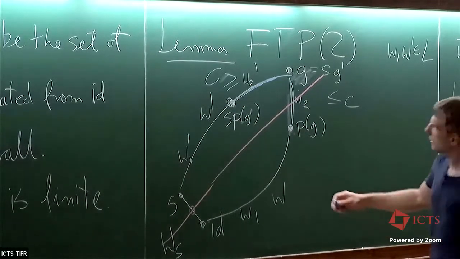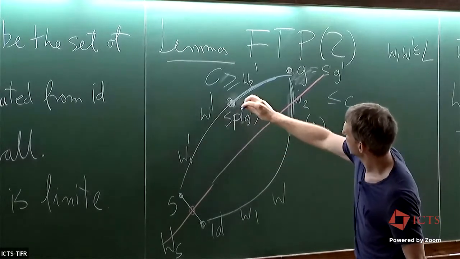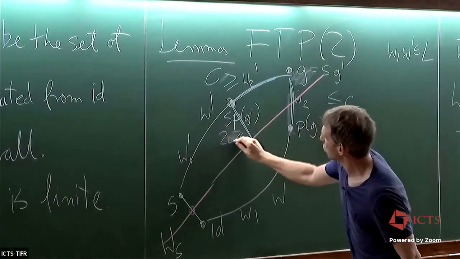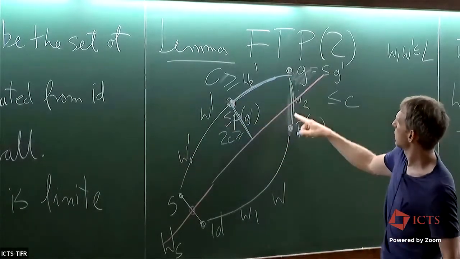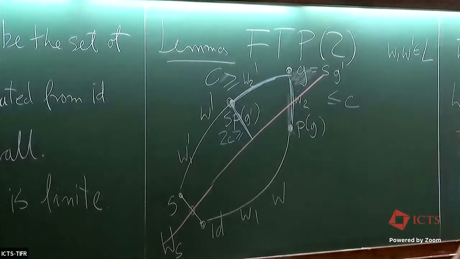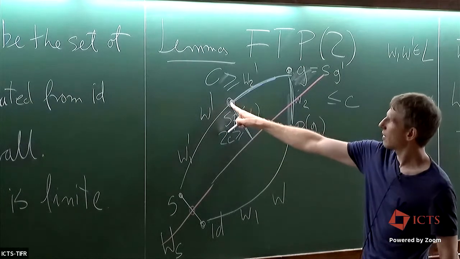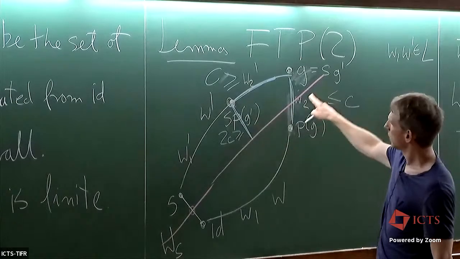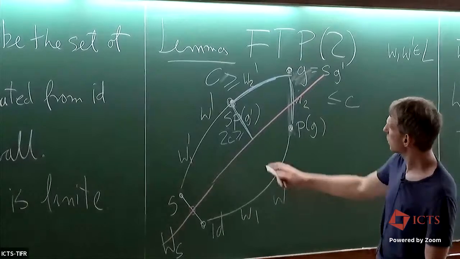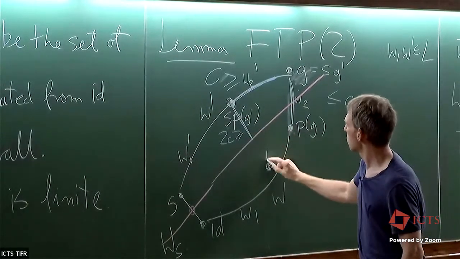So this means that the distance between S P of G prime and the red wall is at most 2 times C, because this is C, and this is even smaller than C, so this is at most C. So now we do the following trick. We reflect this point in the red wall. The reflection in the red wall is multiplication on the left by S, so the reflection of this point in the red wall is just the point P of G prime.